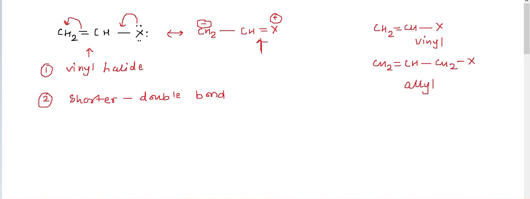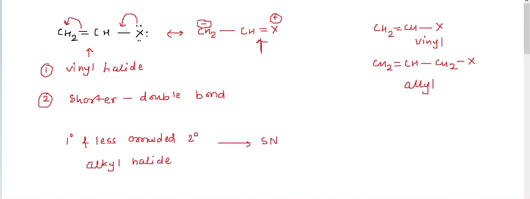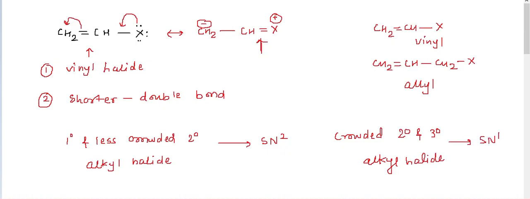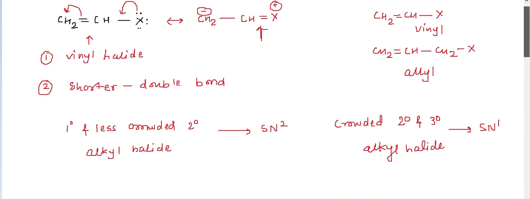See, we know that primary and less crowded secondary alkyl halides react by SN2, and crowded secondary alkyl halides and tertiary alkyl halides, always remember, react by SN1 mechanism. Now here we have CH2 double bond CHX.